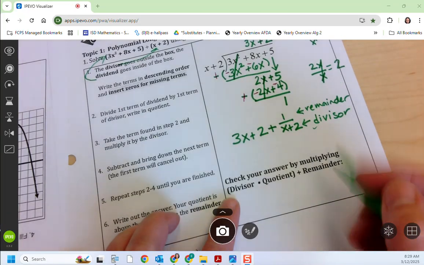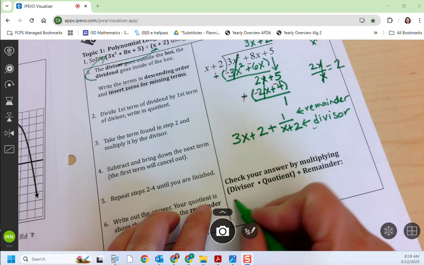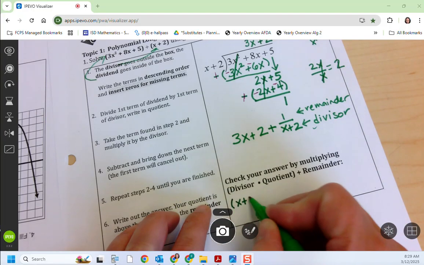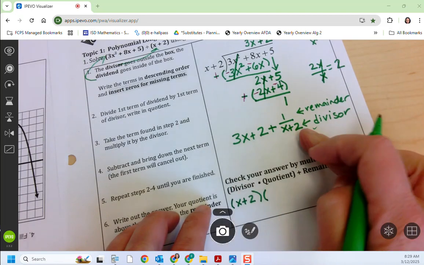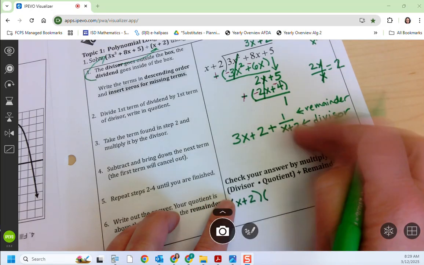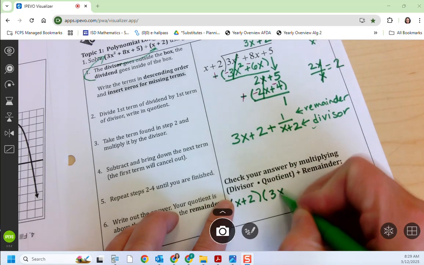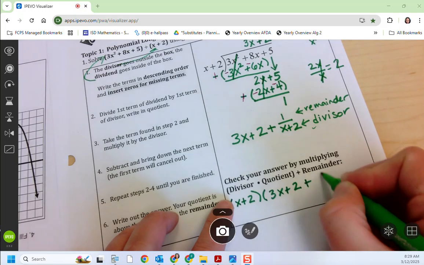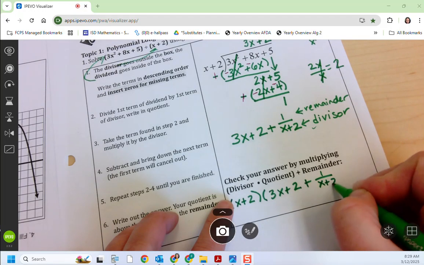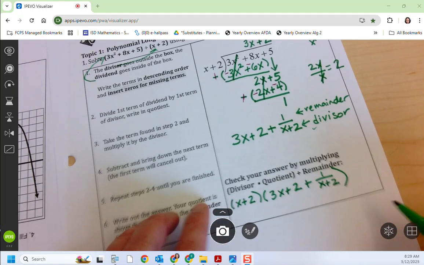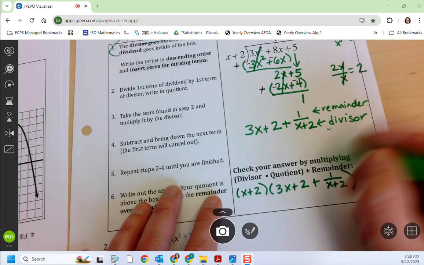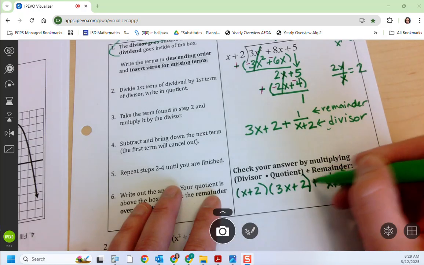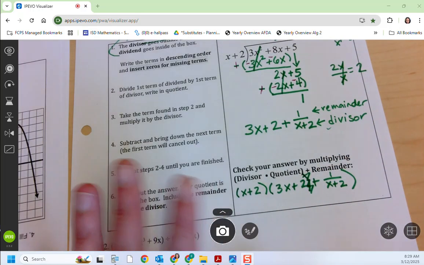So the divisor was x plus 2, and I'm going to multiply that times the quotient plus the remainder, which is 3x plus 2 plus 1 over x plus 2. Oh, actually, no, it should be this. I see what happened there. It's fine. Just leave it like that.